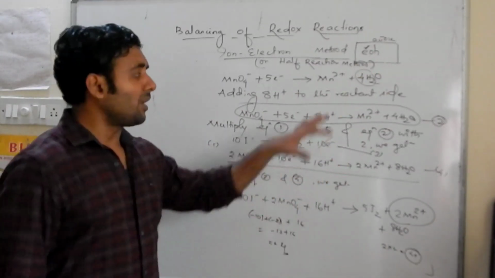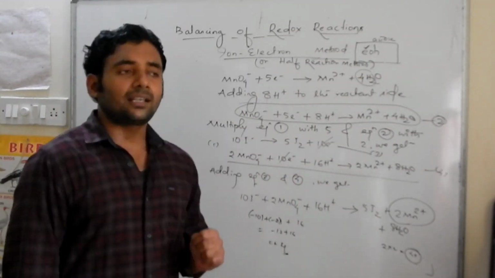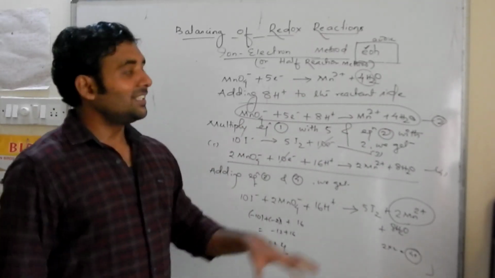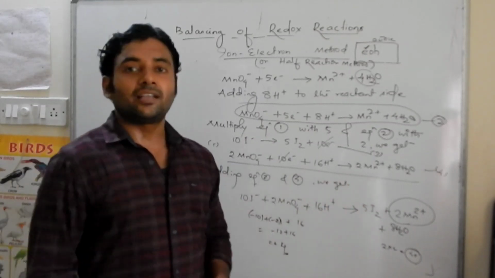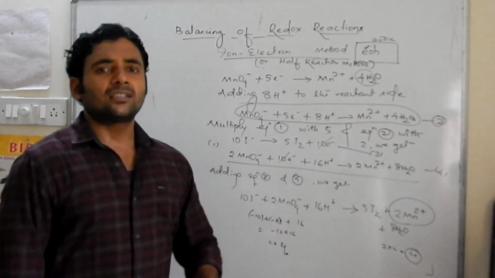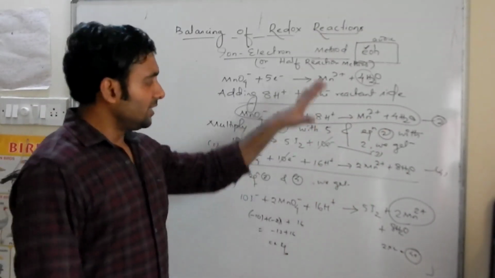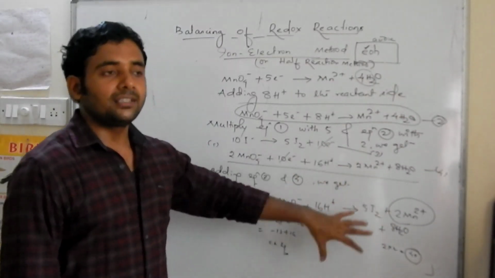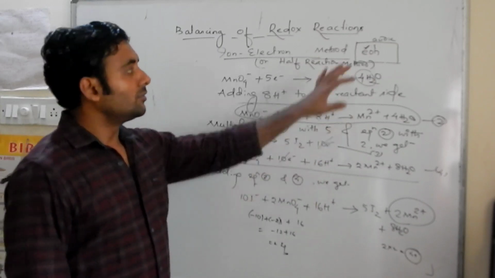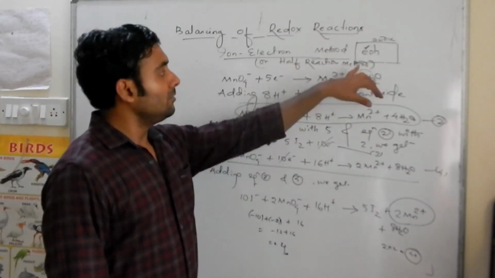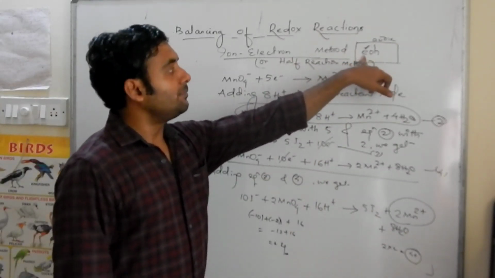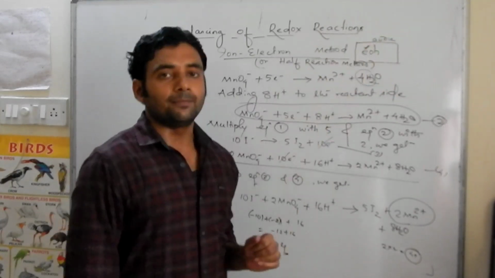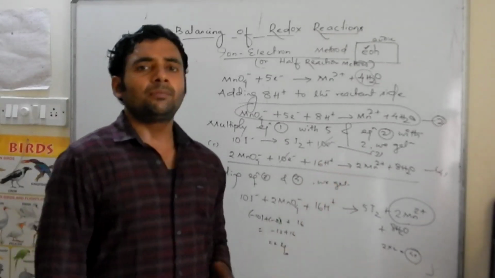I am not saying that this is the only way to balance the reaction; there are so many other ways. This is the way by which I balance the redox reaction: first the electrons, then oxygen, then hydrogen for acidic medium. For basic medium, we have to do it a little differently.